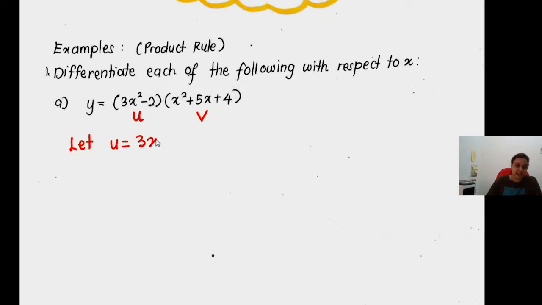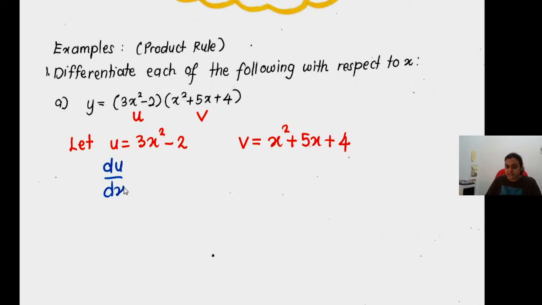That means it's 3x squared minus 2. Then you copy the v. v is x squared plus 5x plus 4. So you need to use different letters to solve product rule. Then from here, now we differentiate. This u, now we differentiate, it will be du dx. You can ask, teacher, how you know up is u, down is x?